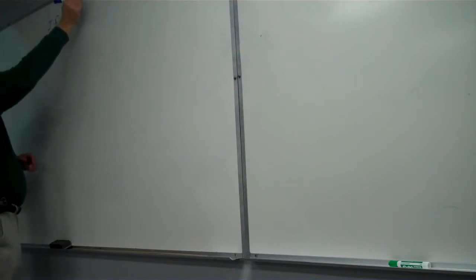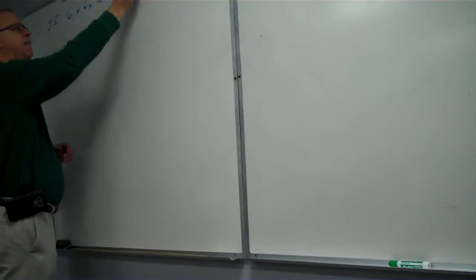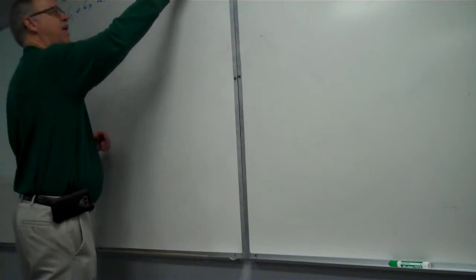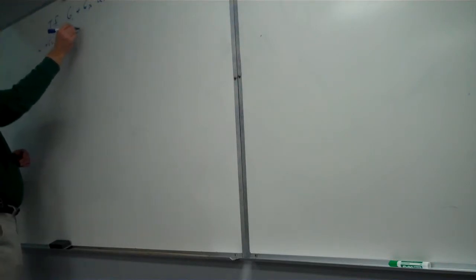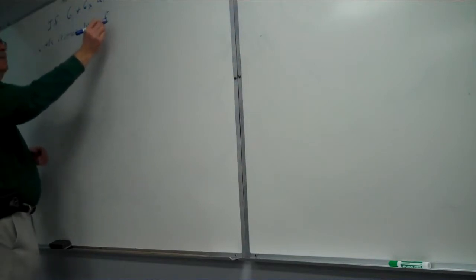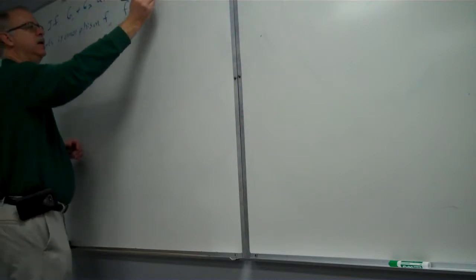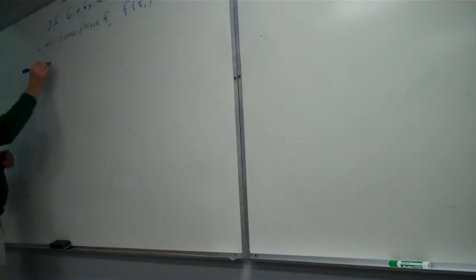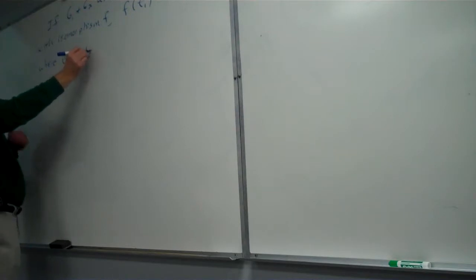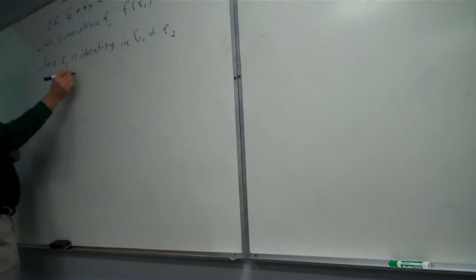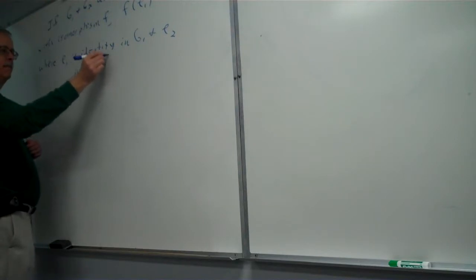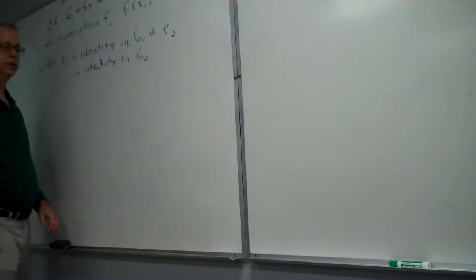So here's some things that we've got. If G1 and G2 are isomorphic groups with isomorphism F, then F of E1 equals E2, where E1 is the identity (the book calls it the neutral) in G1, and E2 is the identity in G2.